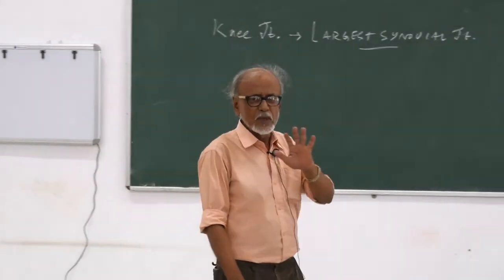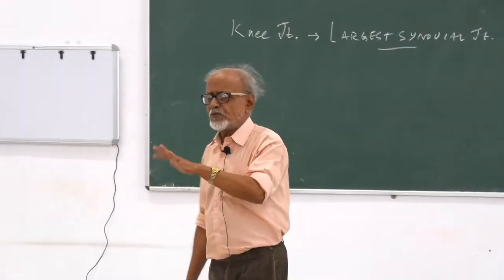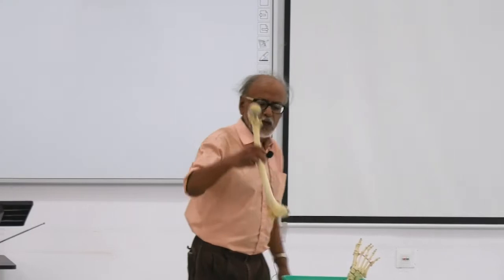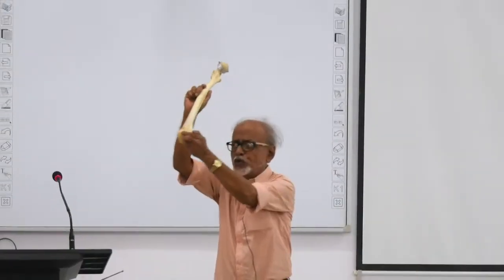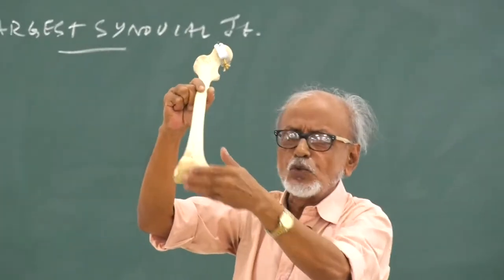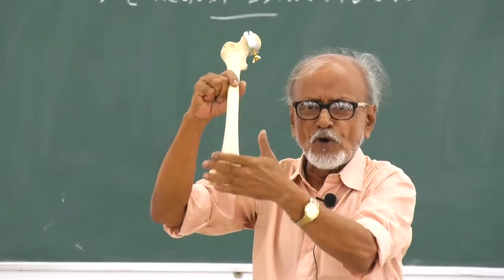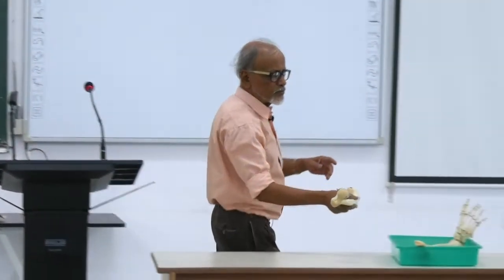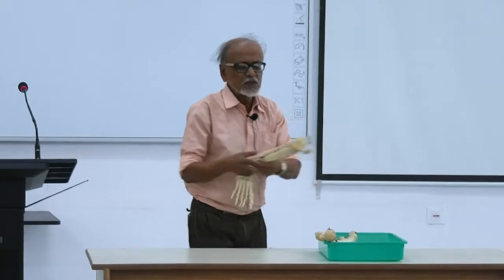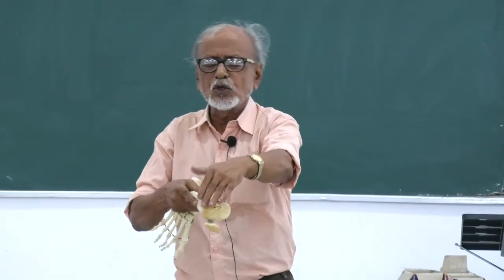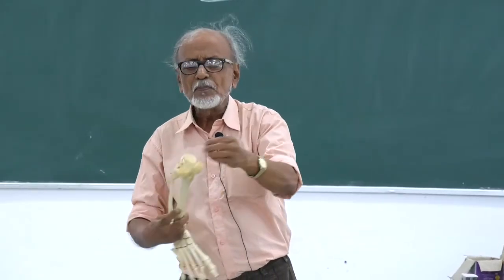If you see the condyles of the femur, here is the femur, huge condyles of the femur with the articular surfaces involved in forming the knee joint, and here are the condyles of the tibia, with their articular surfaces, plus the patella.